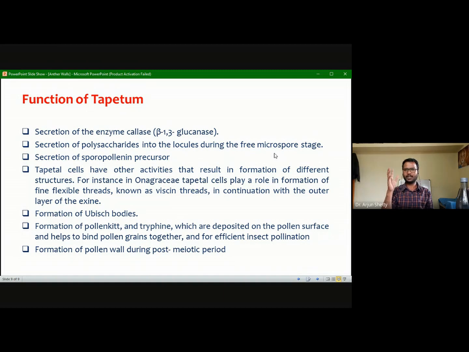Sometimes it is hydrophobic in nature, and it won't allow water to get inside the developing pollen grain, and some other components are also formed. The other components present on the exine are formed by the tapetum itself.